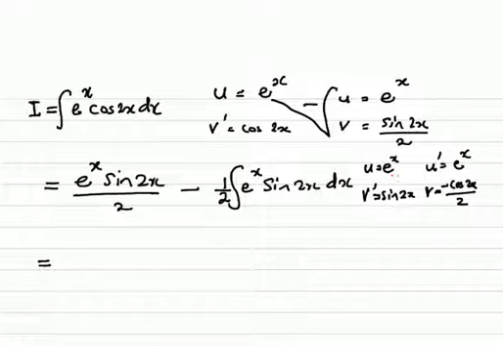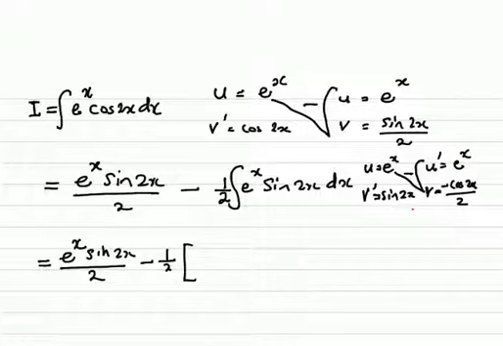So if you do the same pattern, these two and those two on the integral sign, a minus sign before, we're going to have our integral continuing as e to the power of x sine 2x all over 2, and then minus half in brackets.